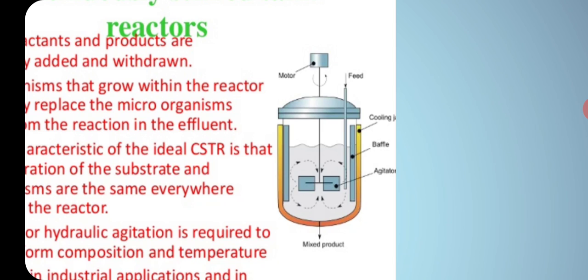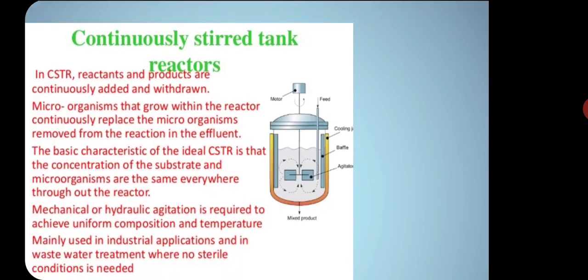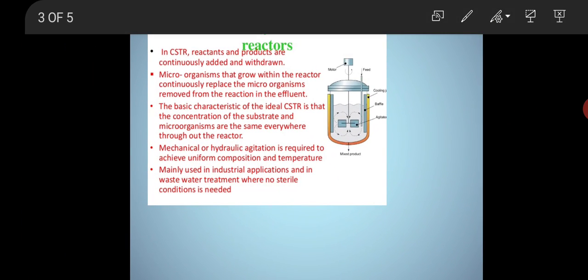So this mechanical agitator prevents other contaminants from entering the bioreactor. So the agitator is most important. Let me draw a typical diagram of the agitator so that it will be easy to understand.